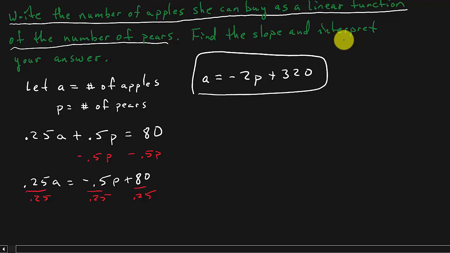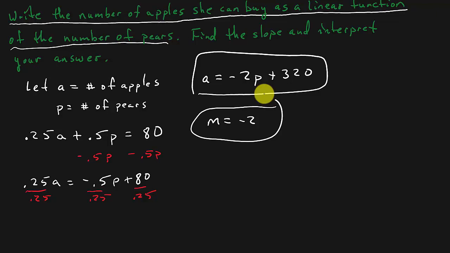And then it says find the slope and interpret your answer. Well, the slope, that's this number here. That's negative 2. There's the slope. Okay. All right. So interpret your answers. So we wrote it as a equals negative 2p plus 320.